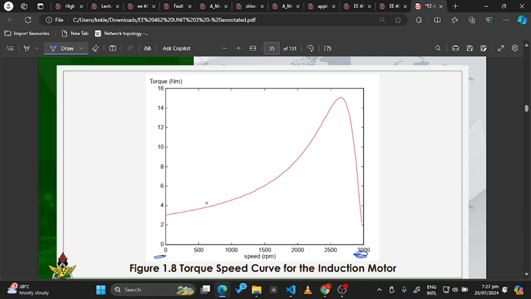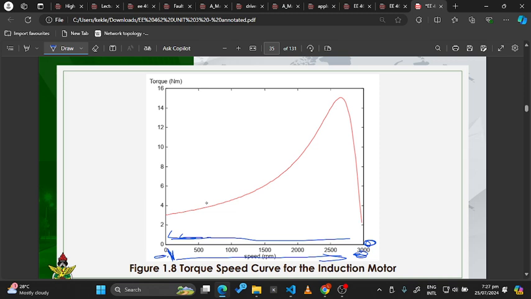If this is increasing speed, this is increasing slip, because at the point when the rotor speed is equal to the synchronous speed, your slip will be 0. The point where the rotor speed is 0, your slip is 1.